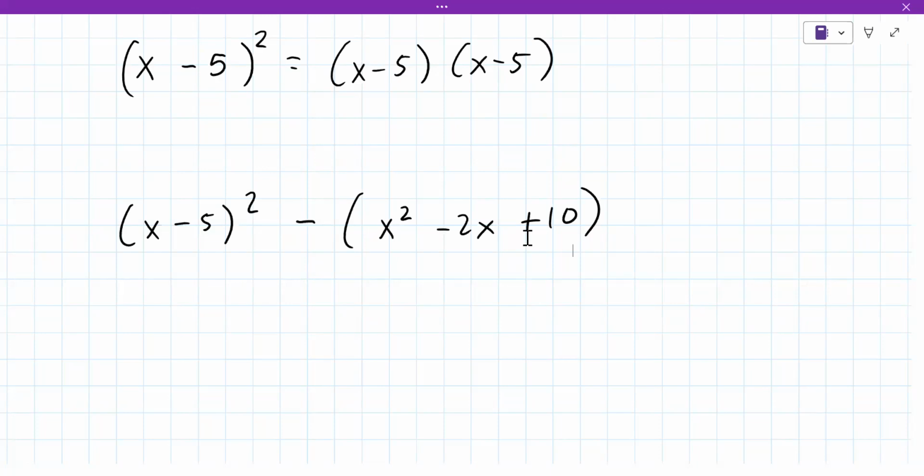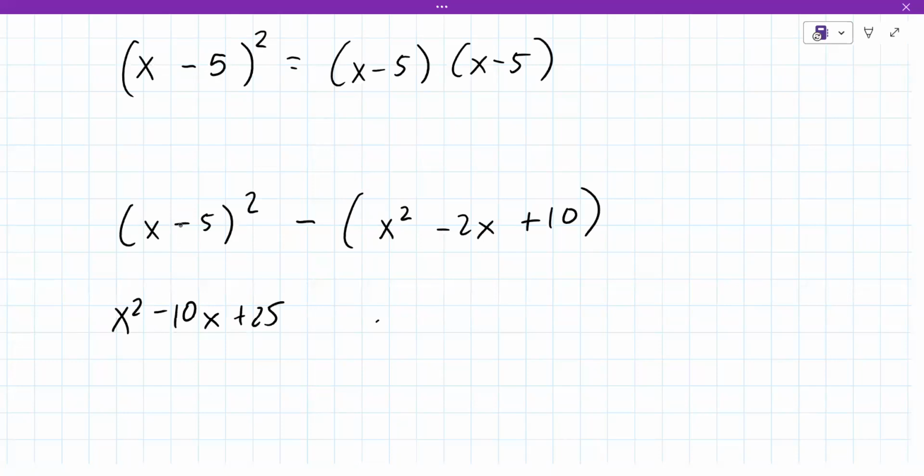Or you give me the final answer? Plus 25. Your final answer is x squared minus 10x plus 25. Yes, that is x squared minus 10x plus 25, and keep going.